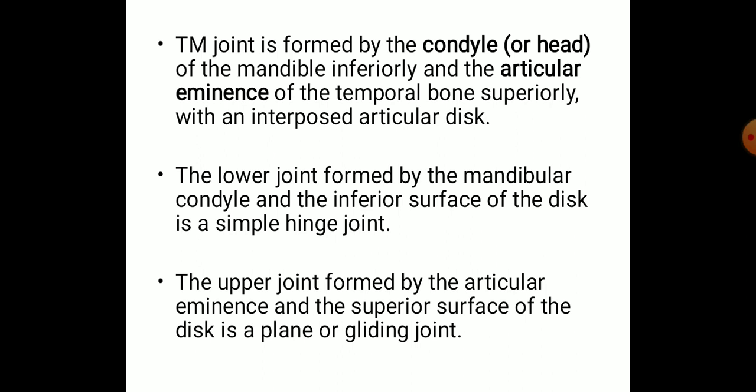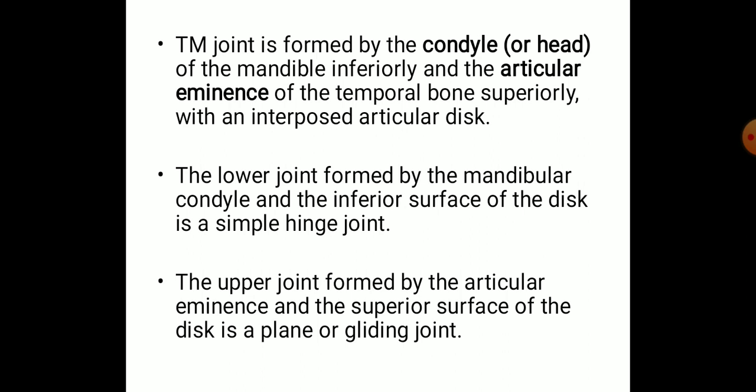Because of this intra-articular or interposed disc, we can divide our temporomandibular joint into two joints, one upper joint and the lower joint. So this interposed disc is actually dividing the temporomandibular joint into two sections, upper joint and lower joint.